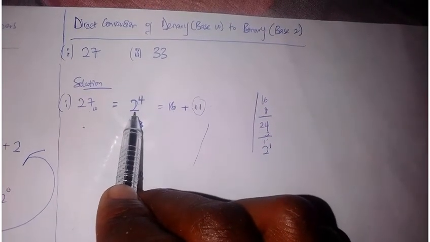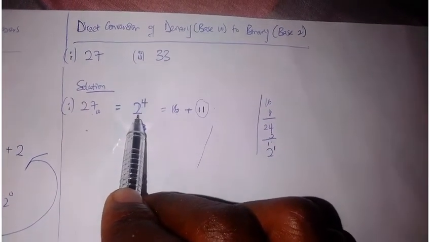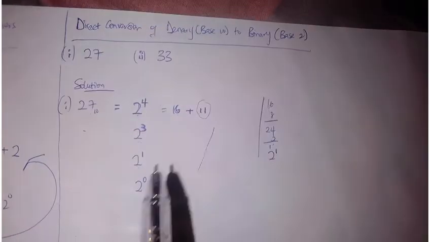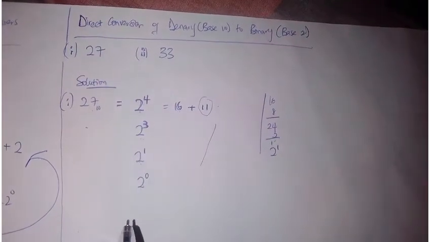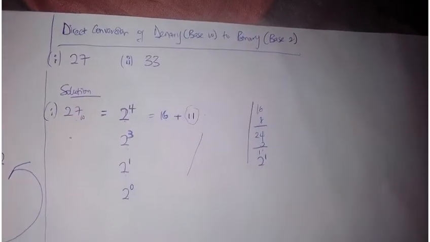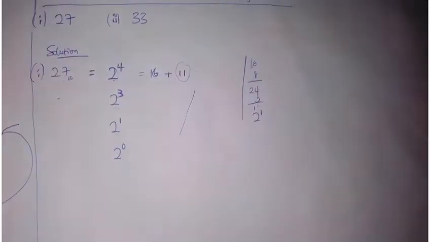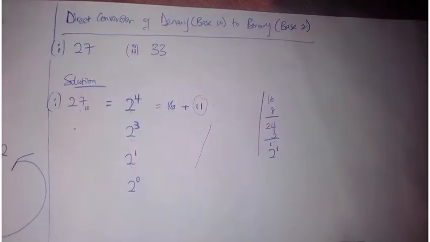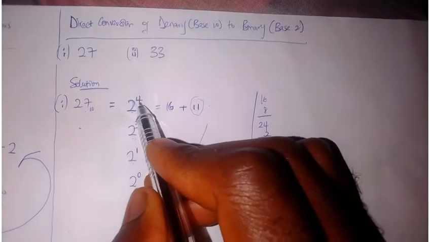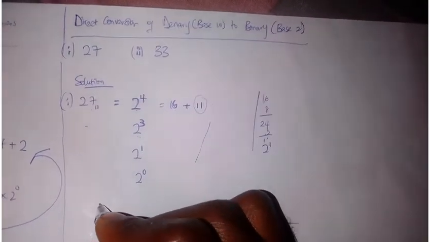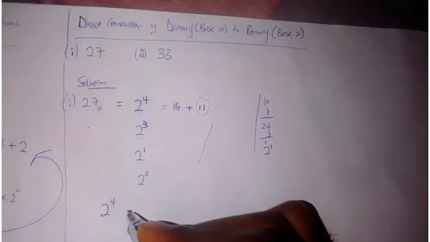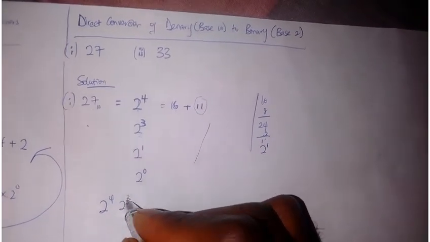So the idea is that first, for this number 27, what is the highest power of 2 I can have? We're solving in base 2. If I don't have 2 raised to power 3, I will look for 2 raised to power 2. If there's no 2 raised to power 2, I'll look for 2 raised to power 1 and so on. Now, after getting all this, the highest is 4. So I'm going to have 2 raised to power 4, 2 raised to power 3.